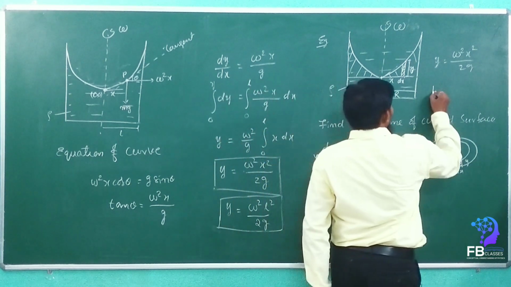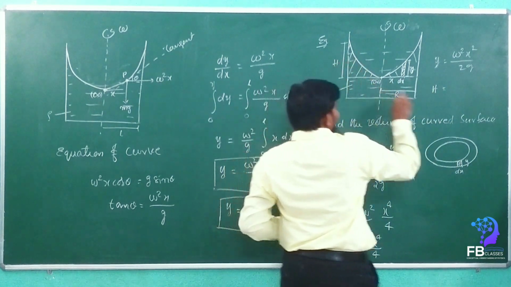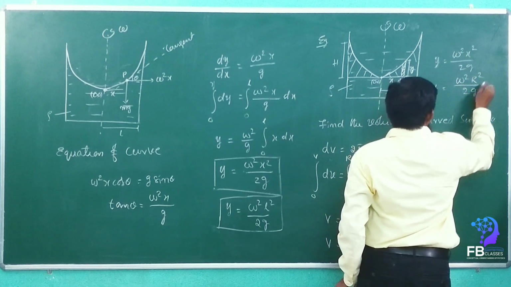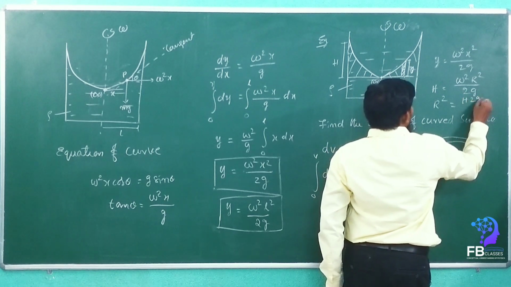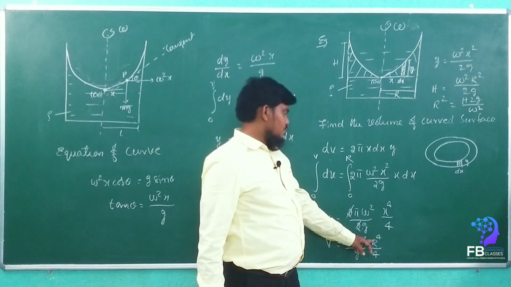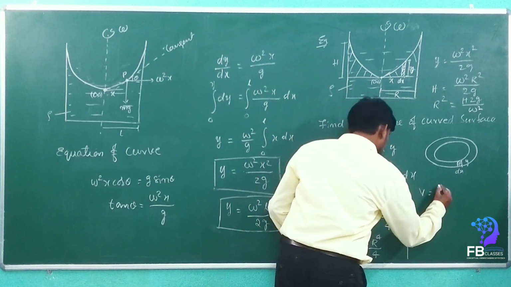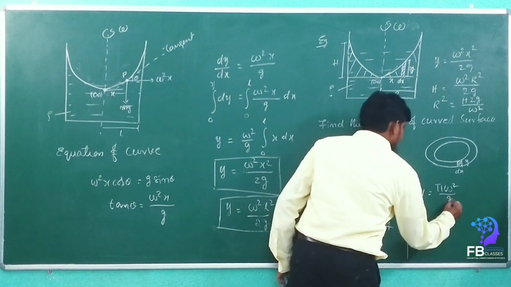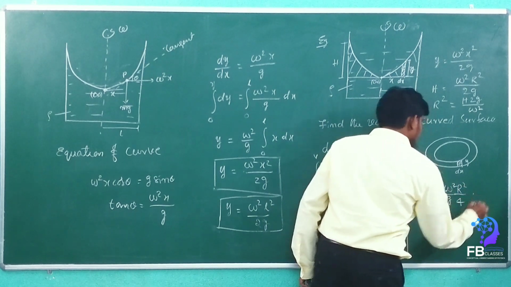See here, we can write in terms of the total height h: h is equal to omega square r square by 2g. From here r square is equal to how much, my dears? h 2g by omega square. So we can put the value of r square. See here, what value will come? v is equal to pi omega square by g into r square by 4 into r square.